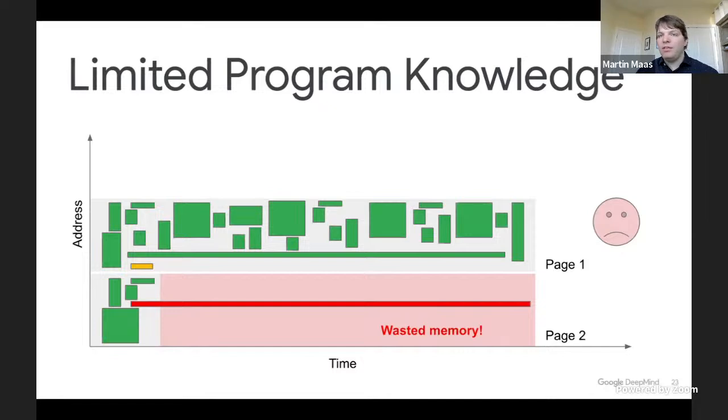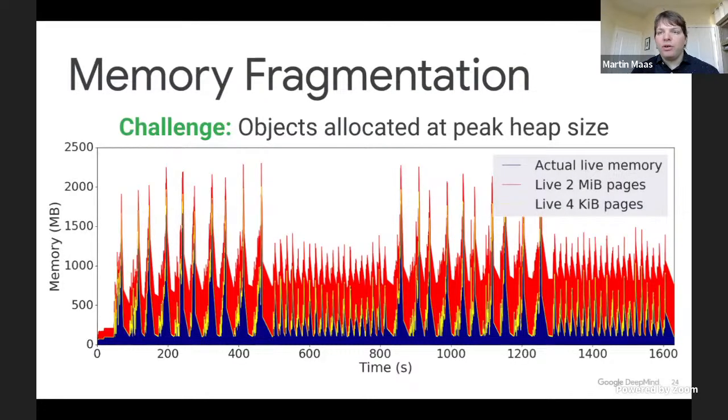If you can reason about what the code is going to do, you can make this decision well. But if you don't have any information to go by, it becomes a coin flip. And this is actually a problem that occurs in running workloads. Here's a server running a synthetic trace, and red in this case shows the wasted memory from this kind of fragmentation. So these decisions do matter.